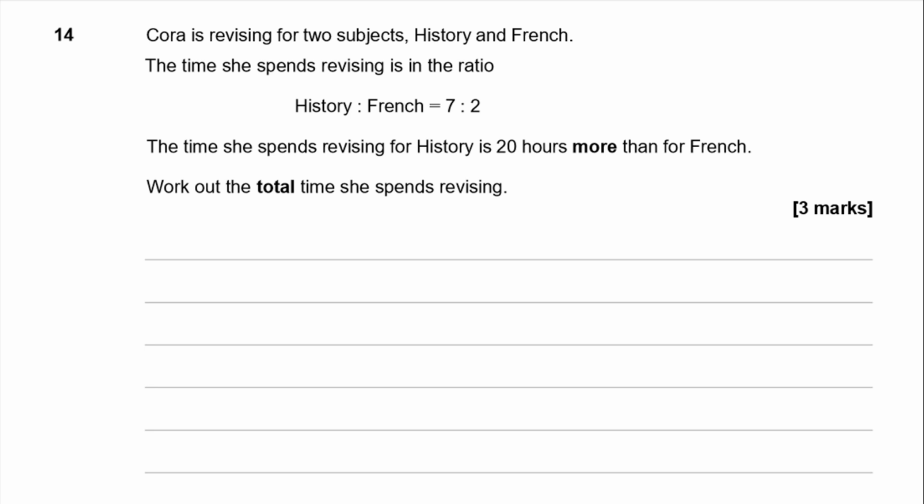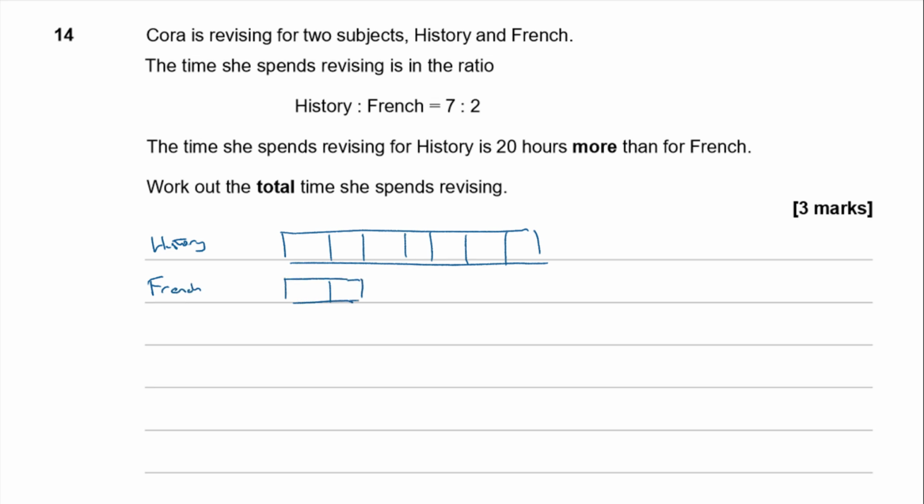I'm going to just quickly model this using bar modeling. So if I just show those 7 parts here, look, for history. Okay, well, 7 parts, I guess. I've got 7 parts versus French, which is 2 parts.